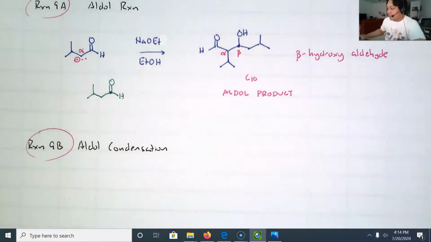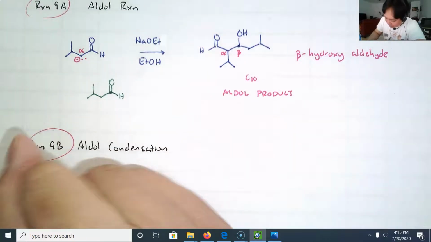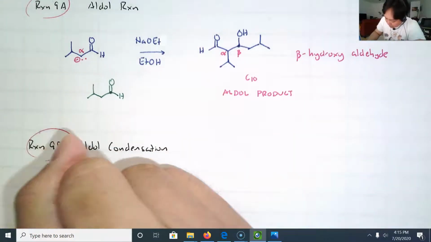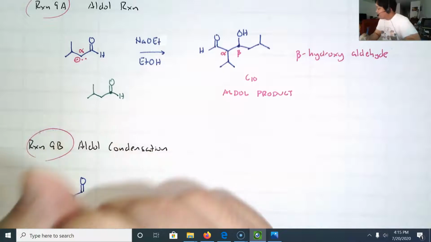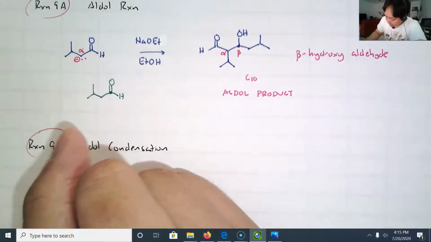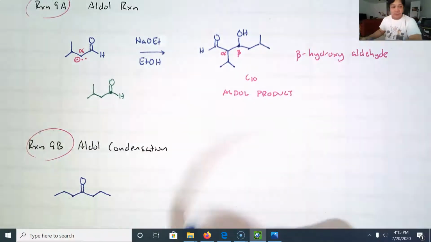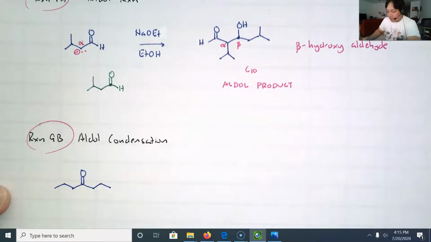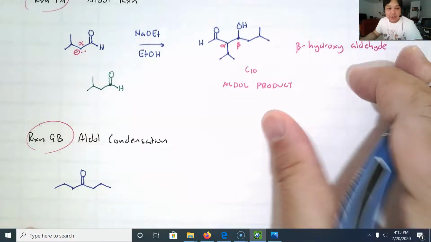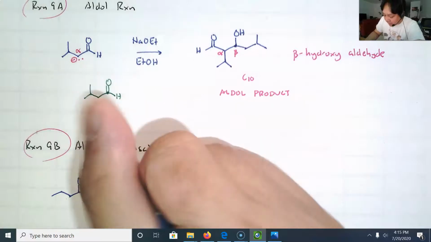Okay. Let me give us a challenge. Let's make it a ketone. You might have used this ketone before, but that's okay. Actually, let's use this ketone. Okay. What's the difference between an aldol reaction and an aldol condensation in terms of its conditions?